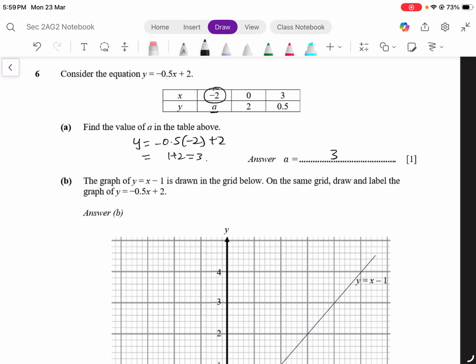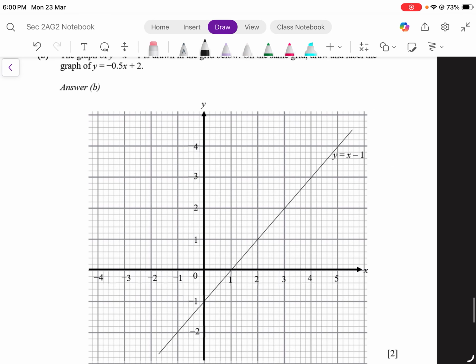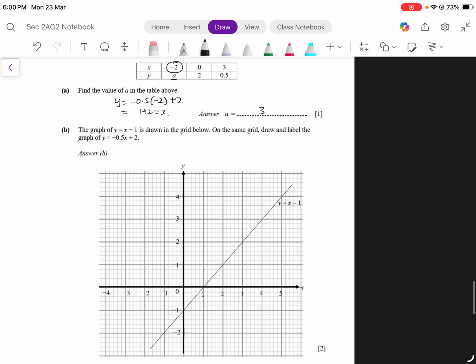So a equals 3. Then they ask you to plot on the graph. When x is minus 2, y is 3. When x is 0, y is 2. When x is 3, y is 0.5, so down here.